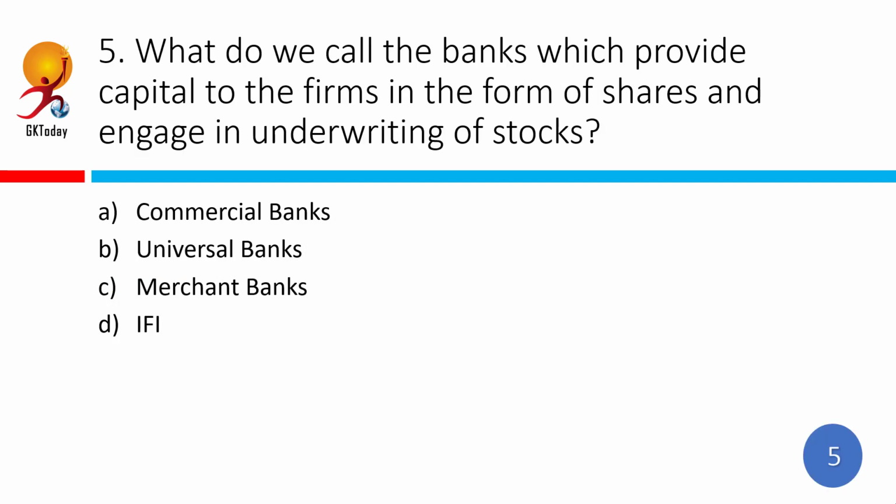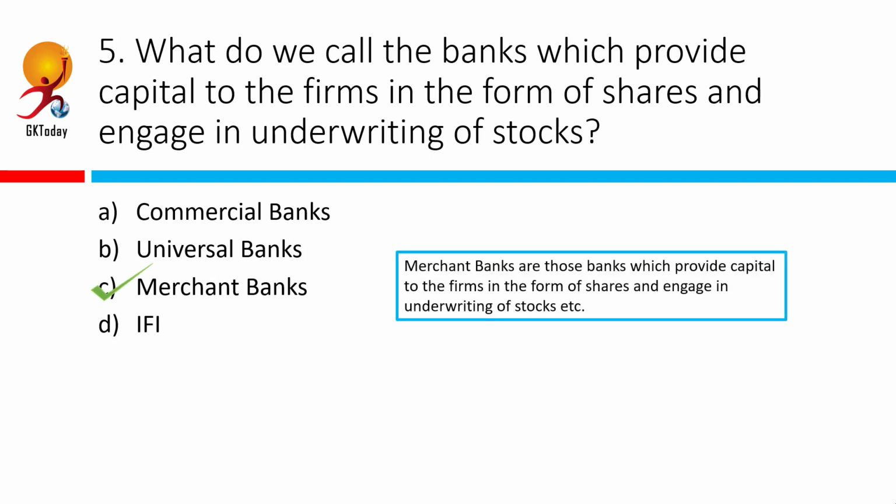What do we call the banks which provide capital to the firms in form of shares and engage in underwriting of stocks? Correct answer is merchant banks. Merchant banks are those banks which provide capital to the firms in form of shares and engage in underwriting of stocks.